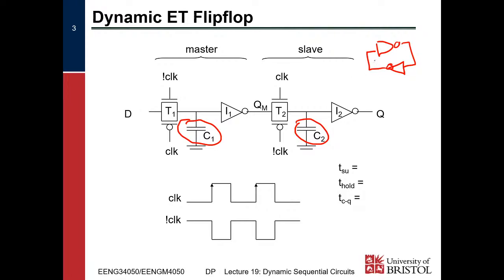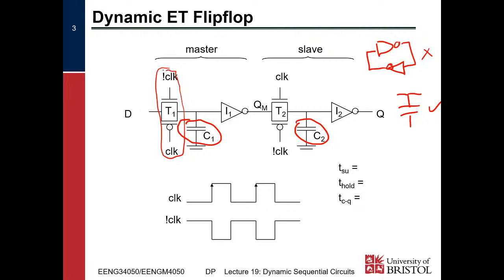So rather than that, we can just have a capacitor. So we have two capacitors, two stored values, just like we have in our static logic, two regenerative feedback loops.